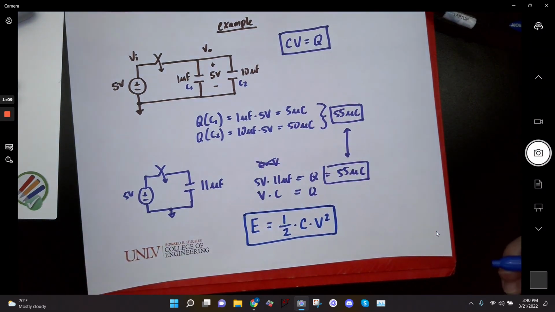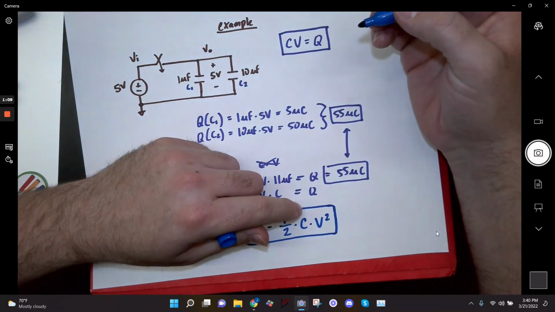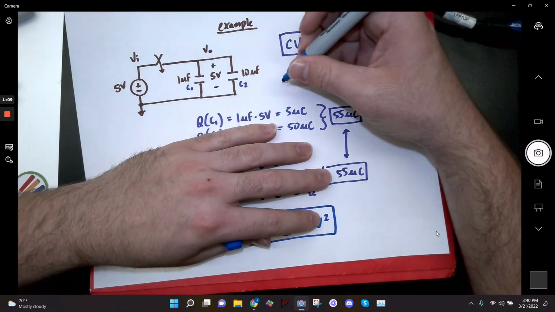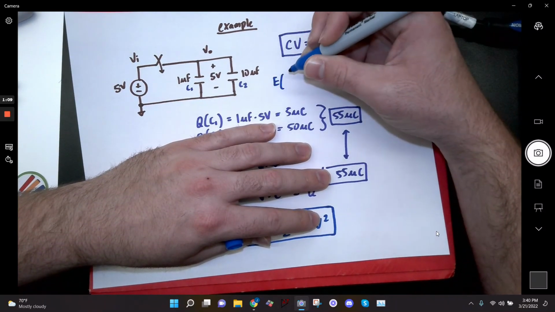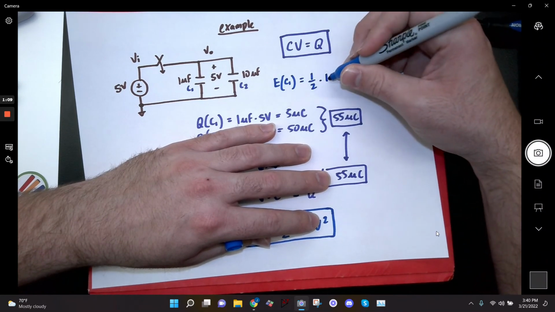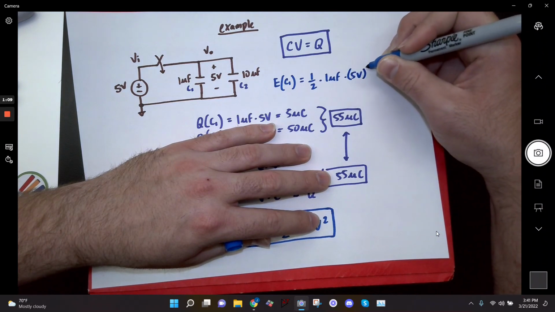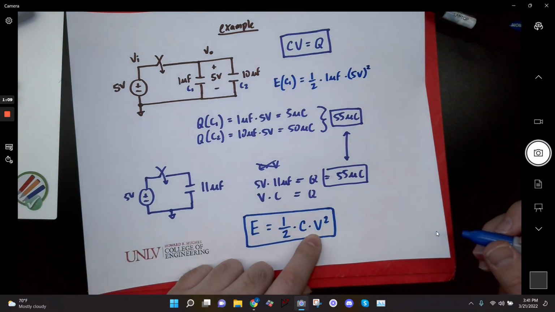Okay? So if I ask you how much energy is being stored in one of these capacitors, let's just say I said how much energy is being stored in the 1 microfarad capacitor. So you would say the energy in C1 is going to be 1/2 times 1 microfarad times 5 volts squared. Note that the V is squared, not the C. It's not CV squared.